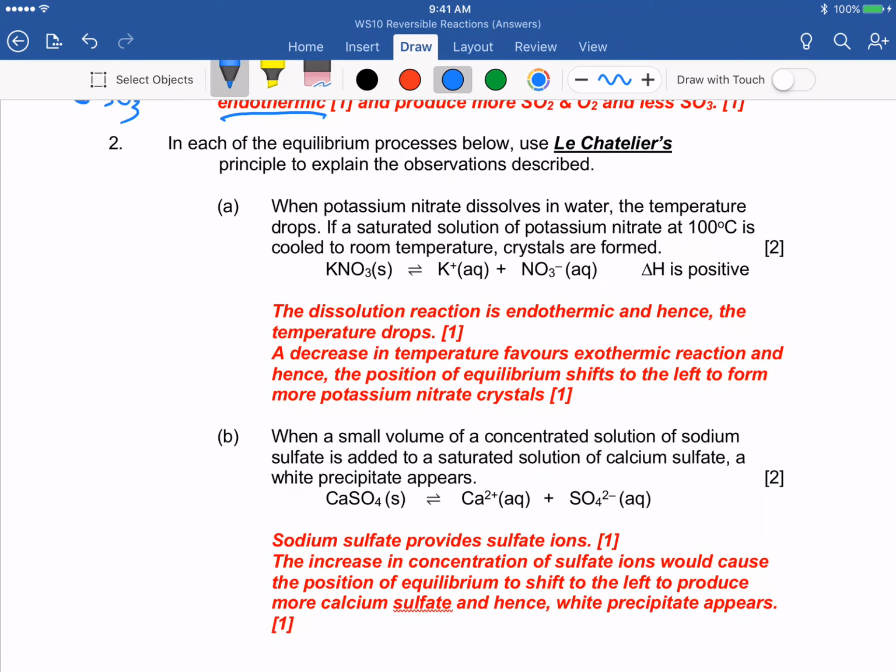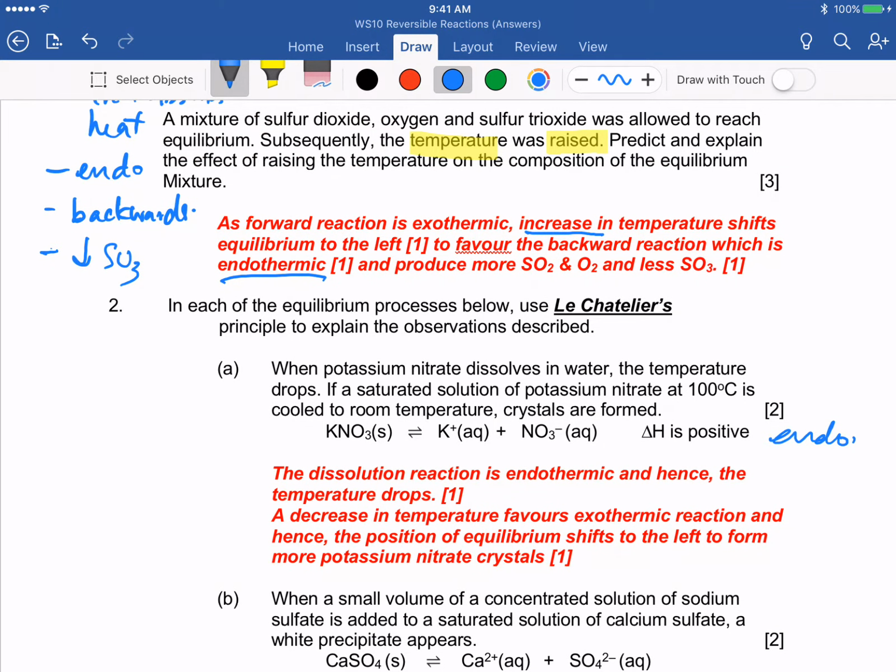In each of the equilibrium processes below, use Le Chatelier's principle to explain the observations described. A. When potassium nitrate dissolves in water, the temperature drops. If a saturated solution of potassium nitrate at 100 degrees Celsius is cooled to room temperature, crystals are formed. So first, let's look at the delta H. It is positive, which tells us it is endothermic. If it's endothermic, I need an increase in temperature to favor the forward reaction.